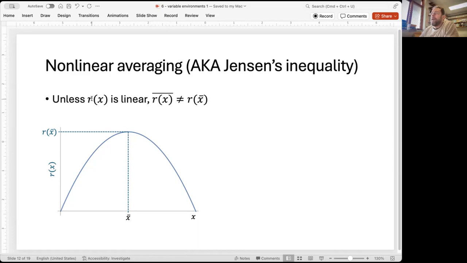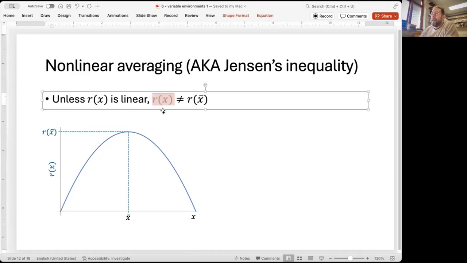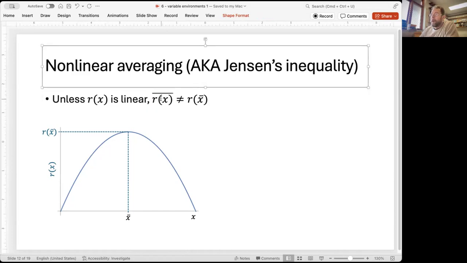We'll build on this. The idea is we just learned that in a variable environment, the appropriate measure of growth or fitness is the average growth rate, which I'm calling here R bar of X, where X is some environmental variable that's changing.